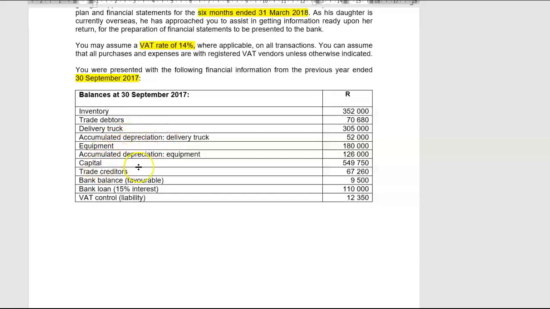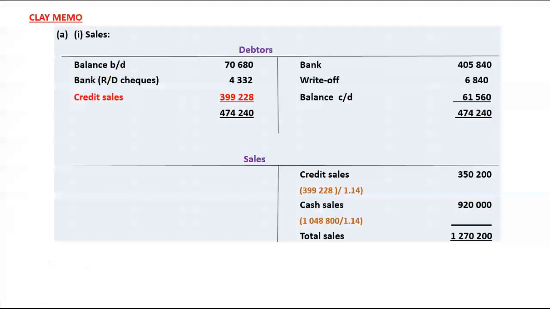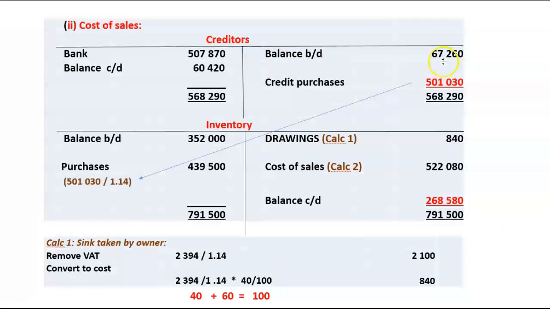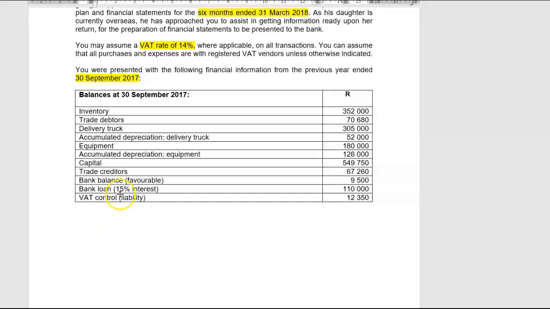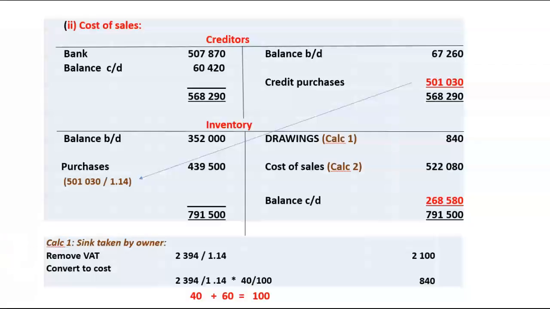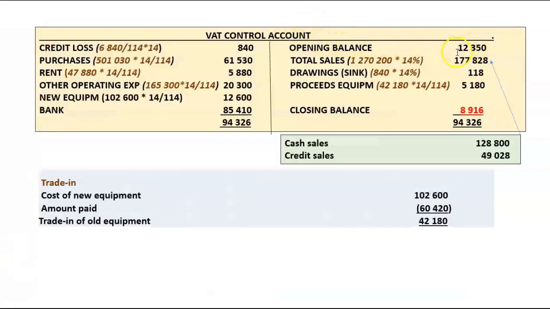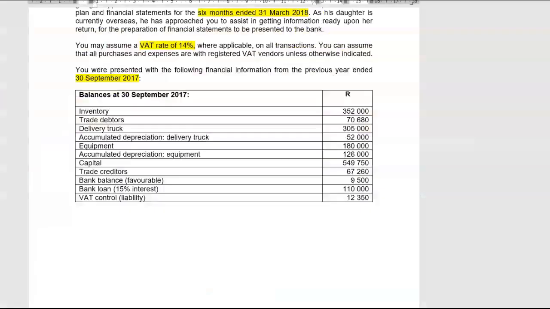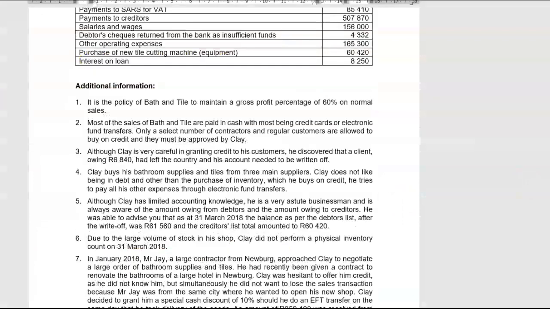Creditors opening balance 67,260. So creditors, we have an opening balance of 67,260. And then our last one, our VAT control balance, 12,350. We open up a T account, it's a credit balance of 12,350.